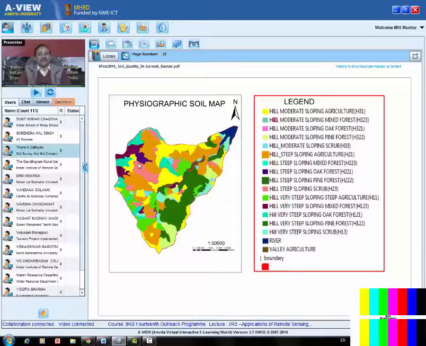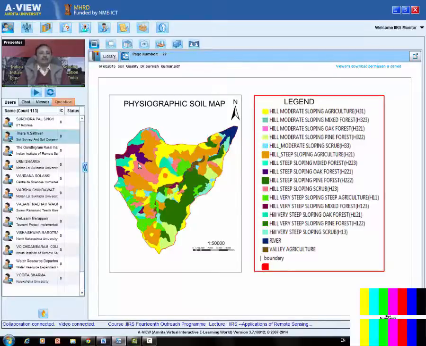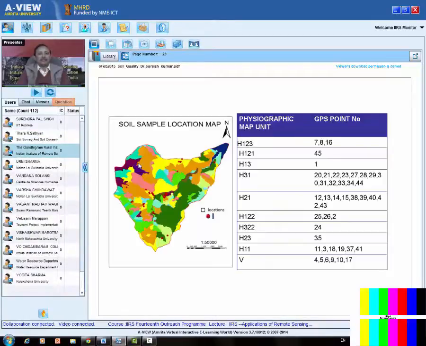So it is interpreted as hilly area with moderate sloping with agriculture, hill area with moderate sloping with mixed forest. This yellow color is a hill with moderate sloping agricultural land, this is the forest area, like that you have divided it, and now you go for the soil sample.